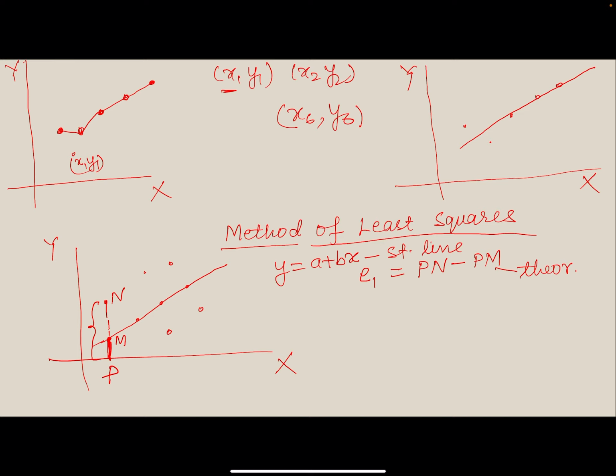Now we'll find the error in all the cases. For the first point, the error E1 is y1 minus y theoretical 1. This is the value we got using the curve which we had fitted, which is a plus bx1.